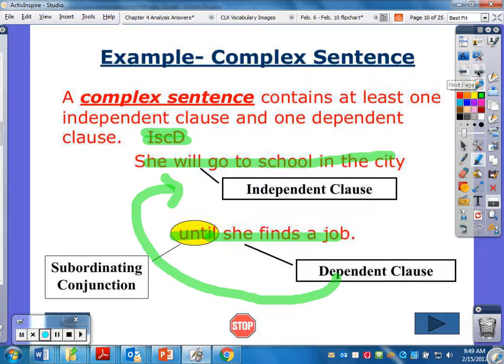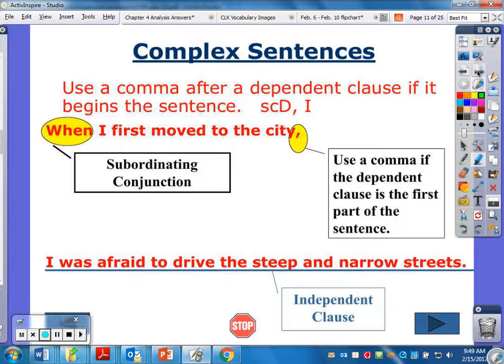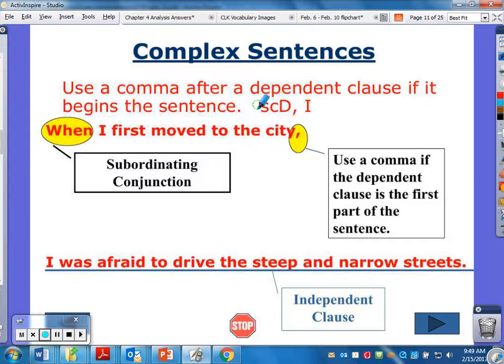What happens if you were to switch the dependent and independent clause? If you switch them, you would then need to use the subordinating conjunction, dependent clause, comma, IC formula. Here's your example. When I first moved to the city is our dependent clause. There's our subordinating conjunction.